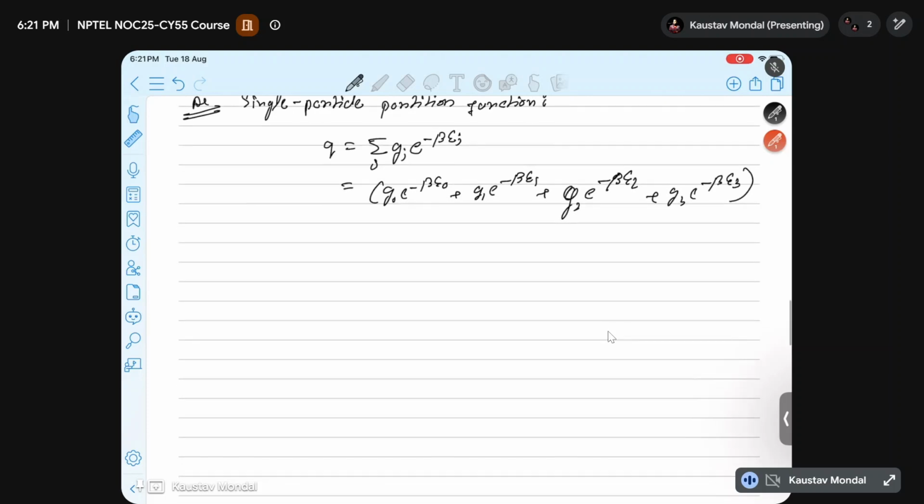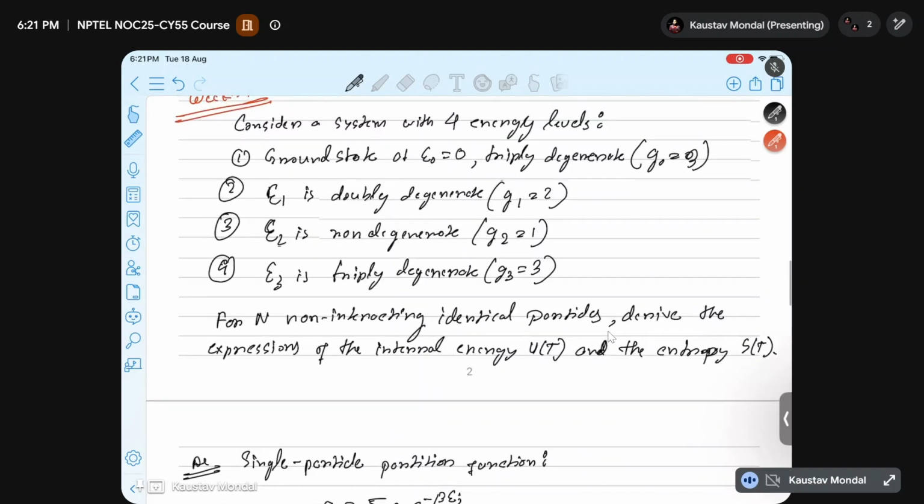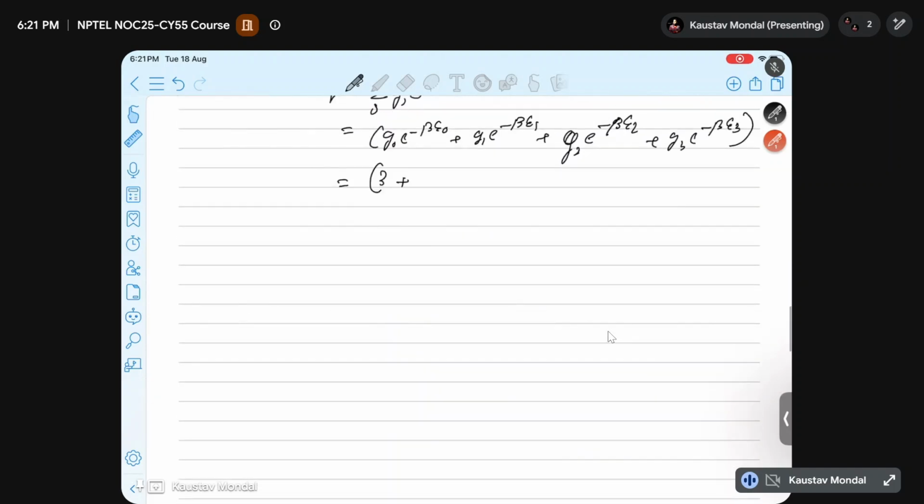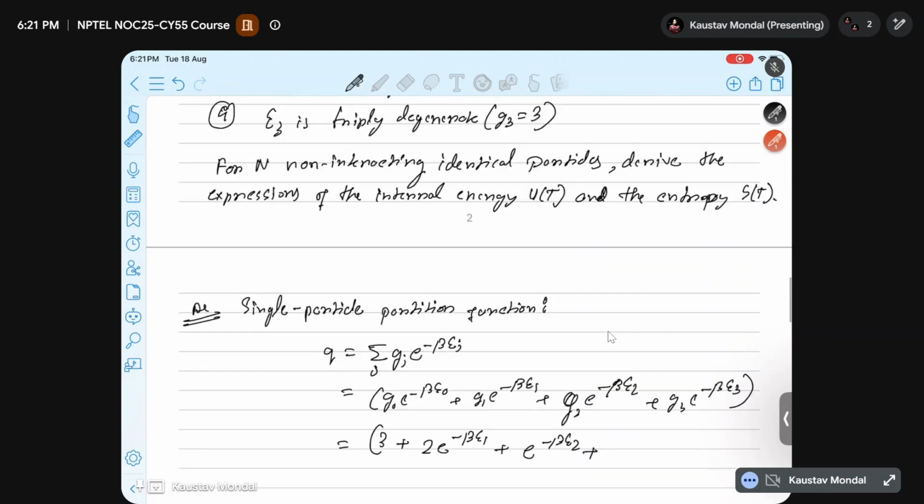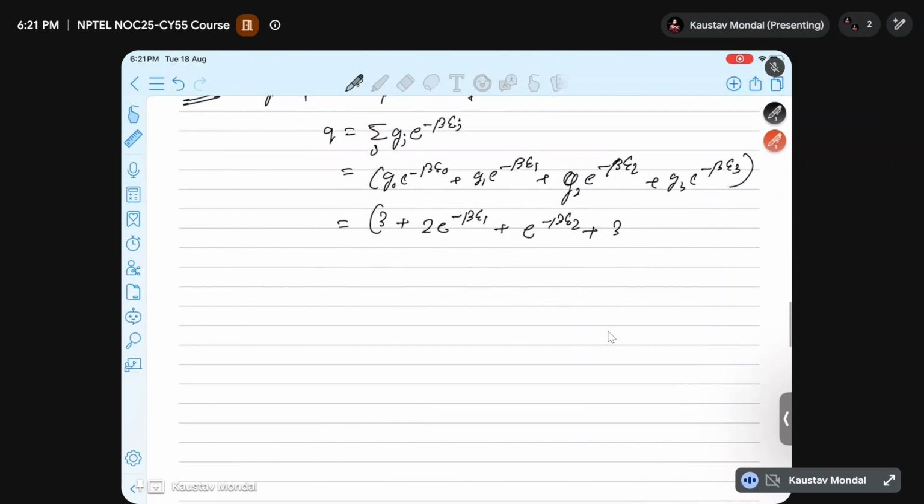E0 is 0 and the degeneracy is 3, so 3, plus 2 e^(-beta E1), plus e^(-beta E2) since G2 is 1, plus 3 e^(-beta E3), as G3 is again 3. So this is the single particle partition function.